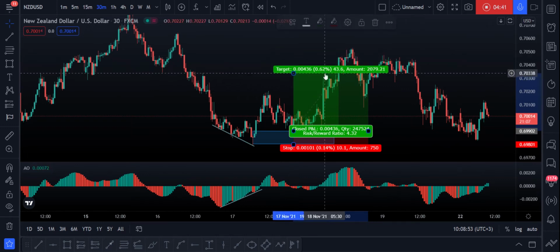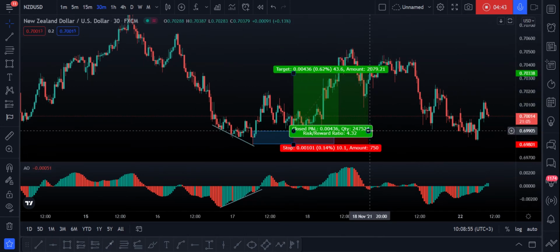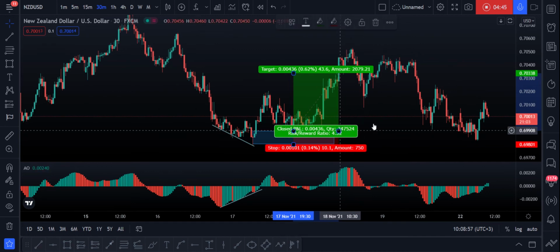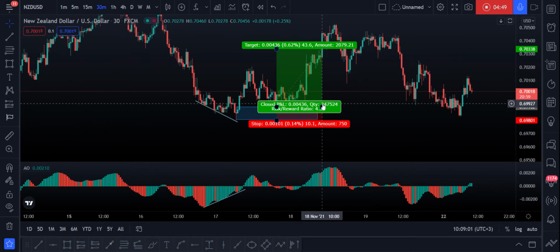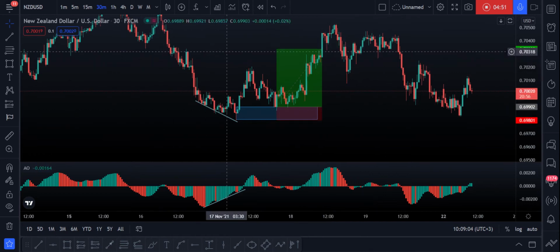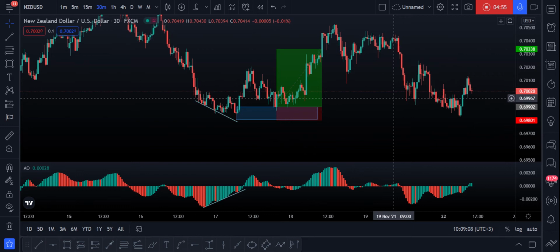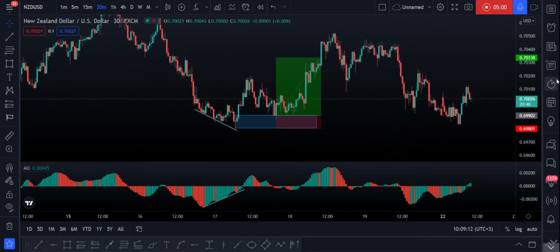Taking targets there would also be okay. You could go for a strict 1 to 3 for all the trades you take, or you could look at resistance above the zone.